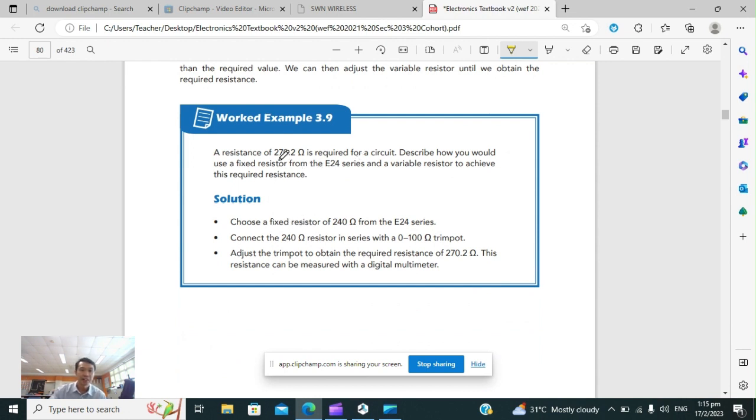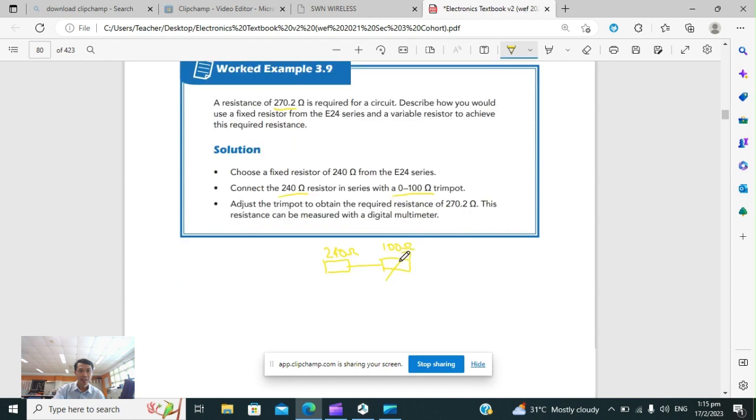so if I need a 270.2 ohm based on my calculation, what I'm going to do is put 240 ohms in series with a 0 to 100 ohm trim pot. So I've got one fixed resistor of 240 ohms in connection to a variable resistor of 100 ohms, so that I can tune this fella.